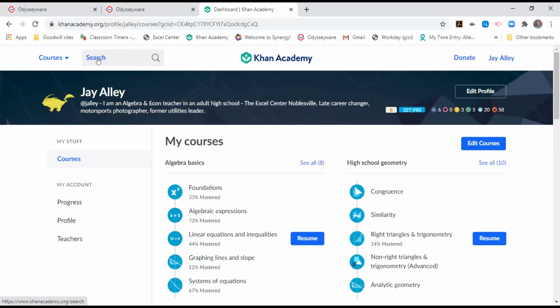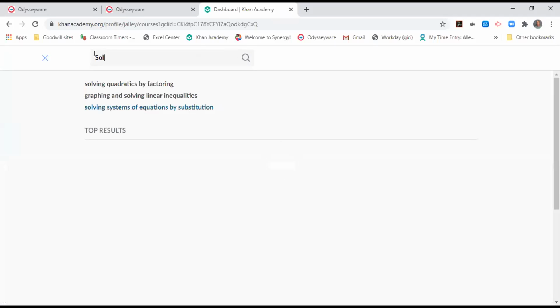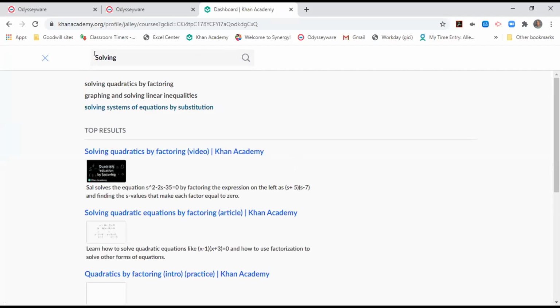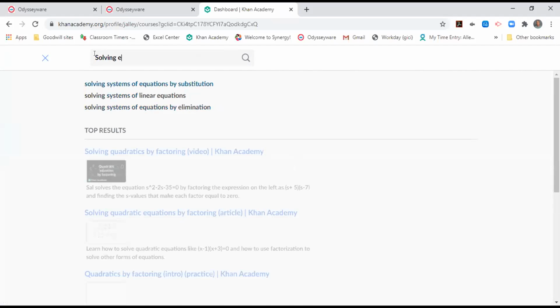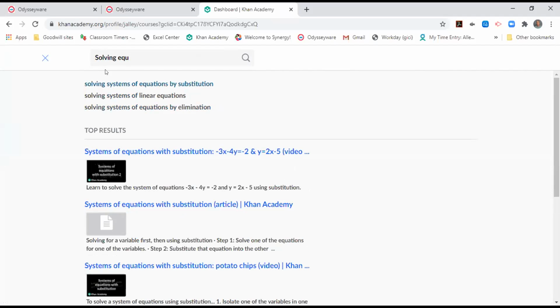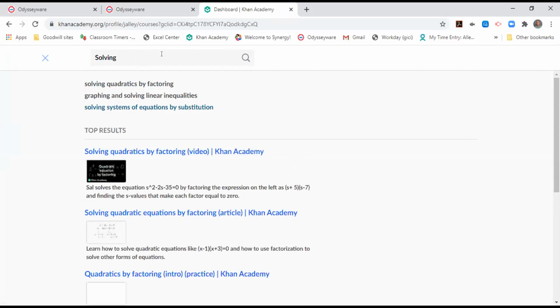If you're not sure what to look for, there's this search box up here. Solving equations, quadratics, no, I don't want quadratics. Solving systems of equations, no, don't want systems either. So that didn't help too much. Find another one.